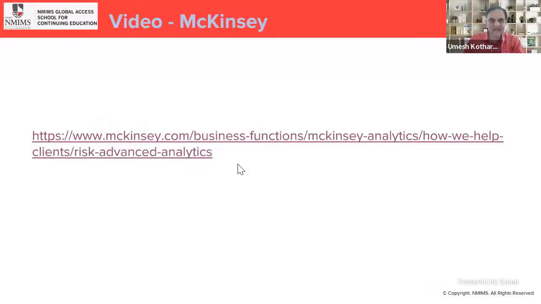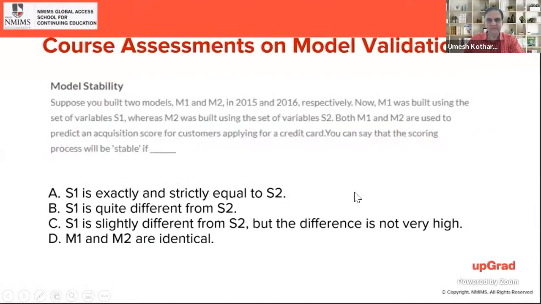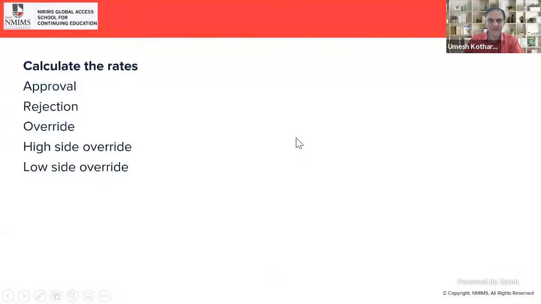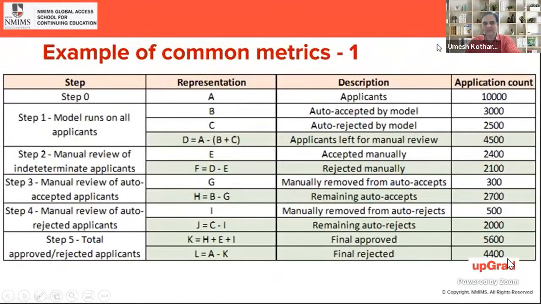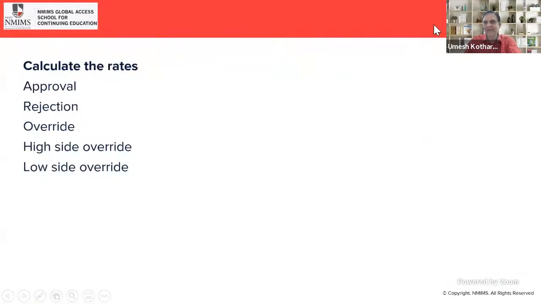So having said that, guys, let's quickly do this exercise. If you've taken a picture of this, we can take that. This is the question that we want to quickly calculate.